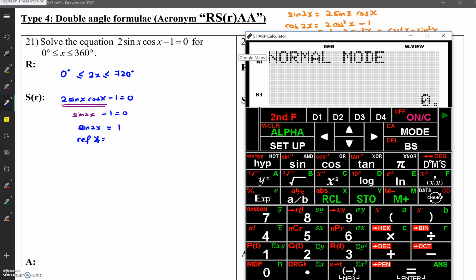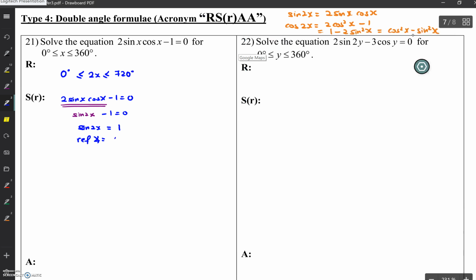If it's radian, it must be radian. So for this case, I just need to know sine inverse of 1. Students who are faster, you will see that, like when you get sine something equals to root 2 over 2, it's actually a special angle. So here you get a very nice value called 90 degree. So I write in 90 degree.